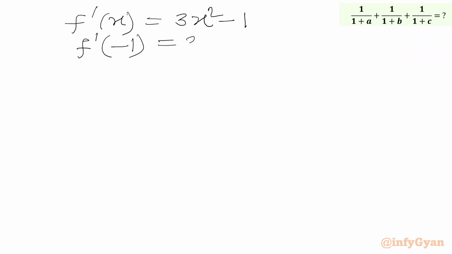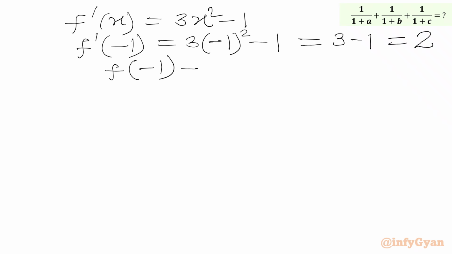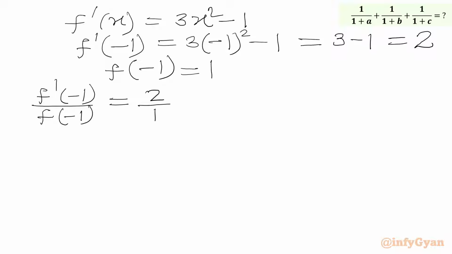Value will be equal to 3 times minus 1 square minus 1, equal to 3 times minus 1 square is 1. So 3 times 1 is 3 minus 1, value will be 2. F of minus 1 is 1. So our left hand side of the equation would be 2 over 1.